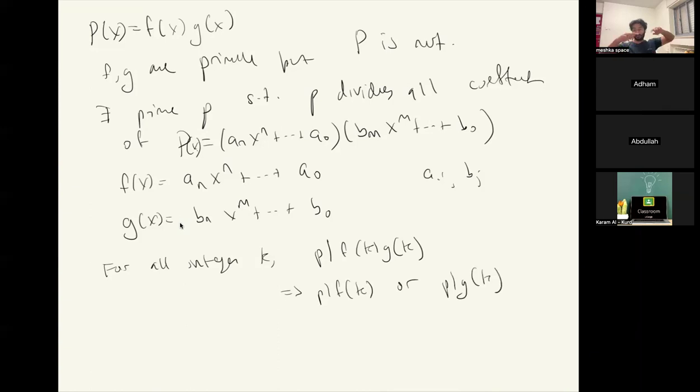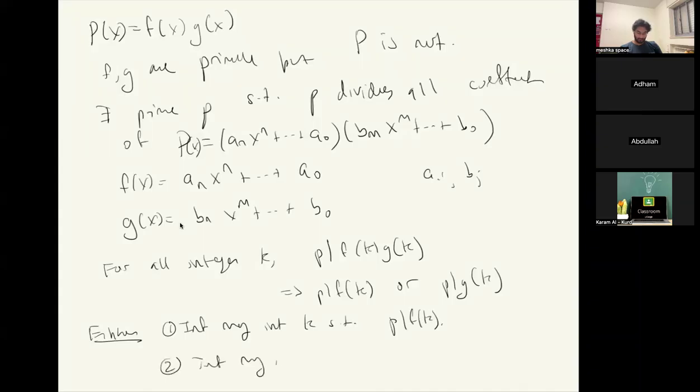And then by the same argument, I have an infinite set I can split into two, right? So it means either there are infinitely many integers k such that p divides f of k, or infinitely many integers k such that p divides g of k.